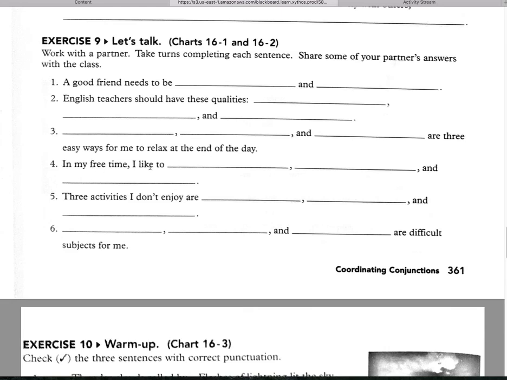So in my free time, I like to read, garden, and relax. You notice the punctuation in a series of 3 or more, connected with a conjunction to get correct parallel structure. And you notice that in these sentences, they're using the comma before the conjunction. Okay?